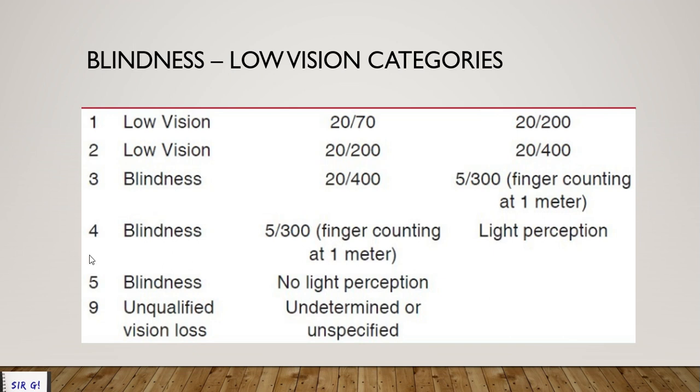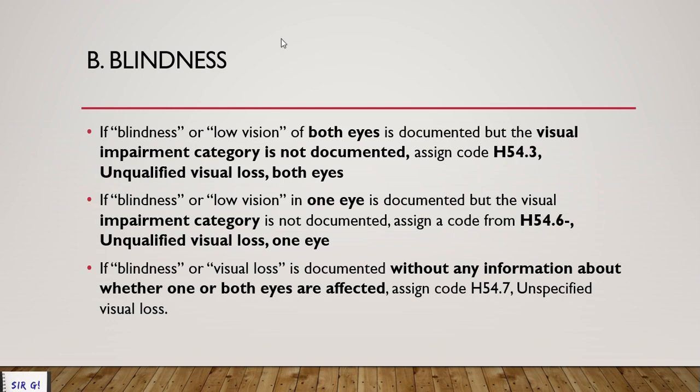Okay? So, if there's a specification of the category, you have an available code for category 1, category 2, category 3, 4, and category 5. But if there's no specification about the impairment category, we're going to use H54.3 or H54.6 for one eye, and this is for both eyes.